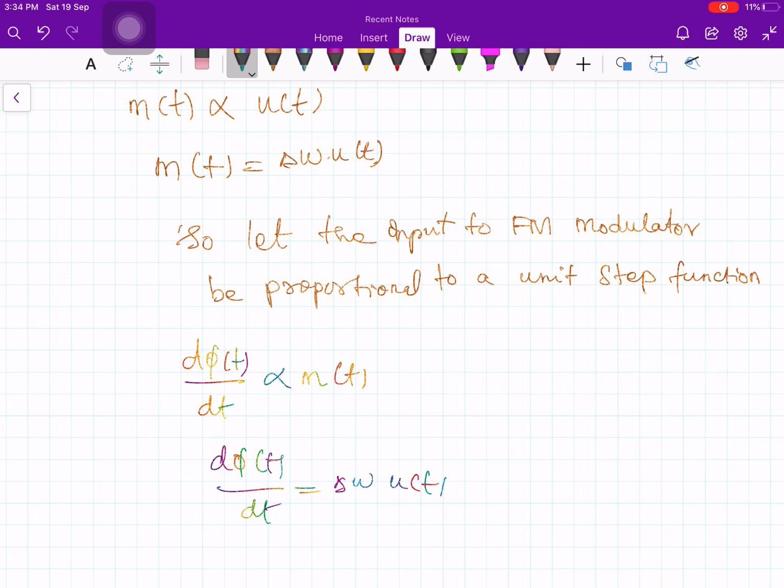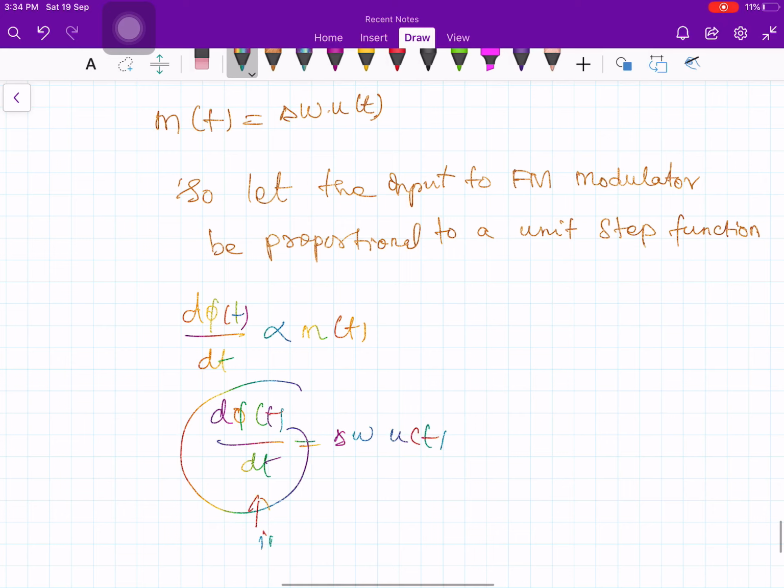So what is d phi by dt? It is the instantaneous frequency. So the instantaneous frequency is d phi by dt, and let's say it is a constant value, delta omega multiplied by u of t.